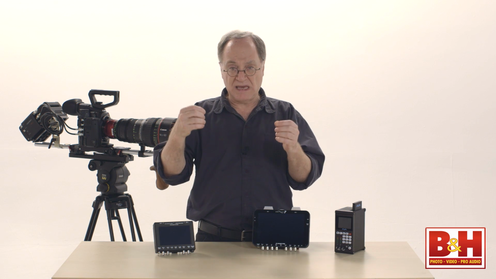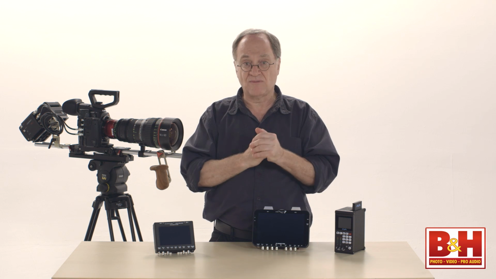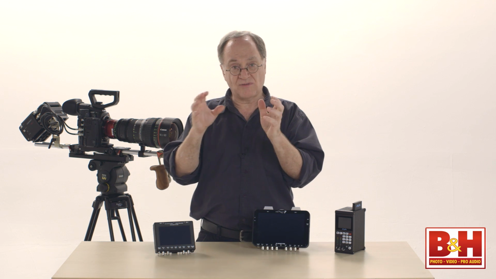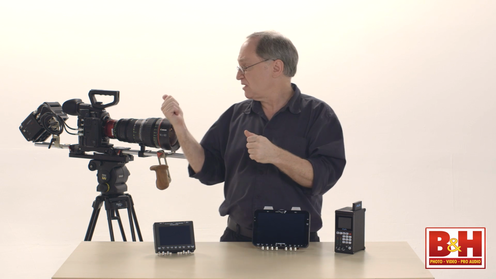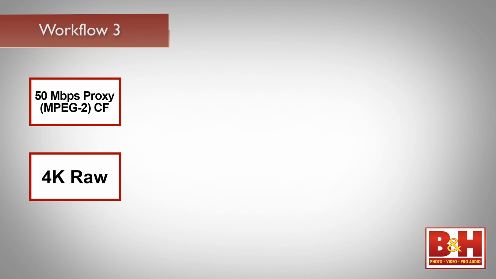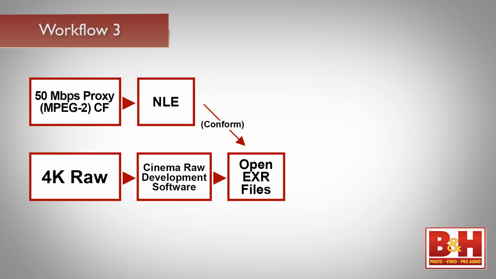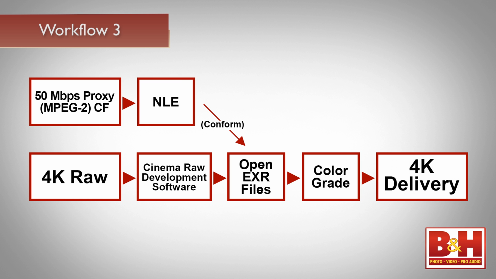So instead of down converting from 4K in Cinema RAW development software, you can simply record simultaneously onto compact flash cards while you're in production. And those compact flash cards can go straight to the editing room, and even while you're shooting, an edit can be taking place. Now, when you're done editing that HD proxy, you take the result, you go back and you conform the OpenEXR files, go through a color grading process, deliver.